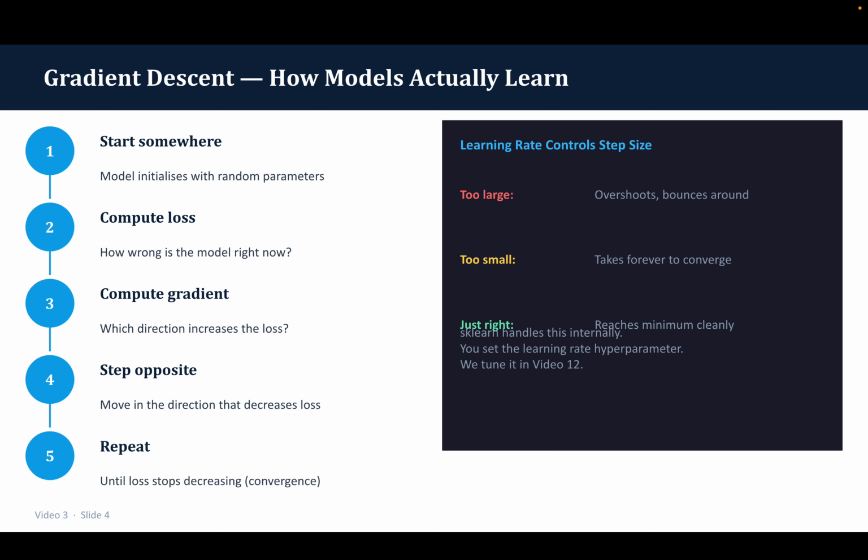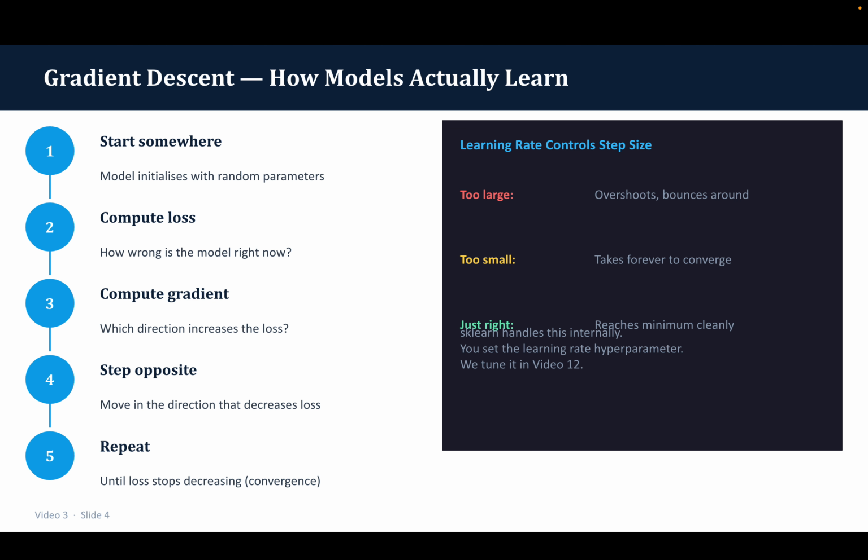If that direction decreases loss, you repeat until loss stops decreasing, which means your model converges. You don't have to worry about this. Again, we are just trying to get the intuition behind all these things. Scikit-Learn handles this internally. You set the learning rate hyperparameter, which we are going to tune in our subsequent videos.